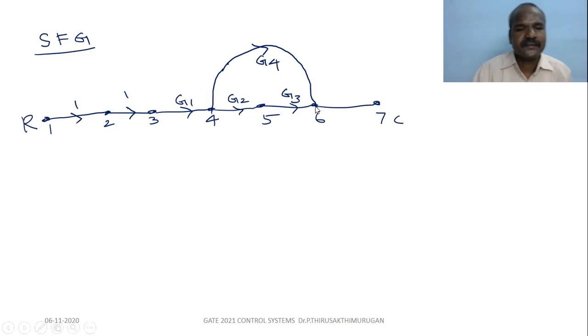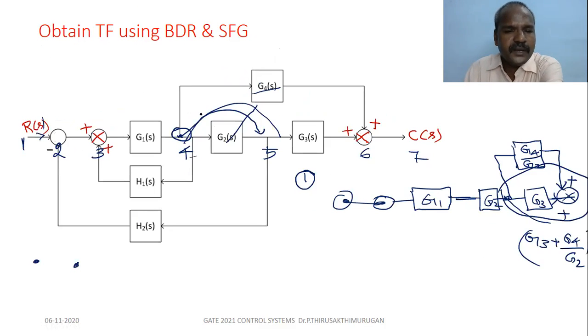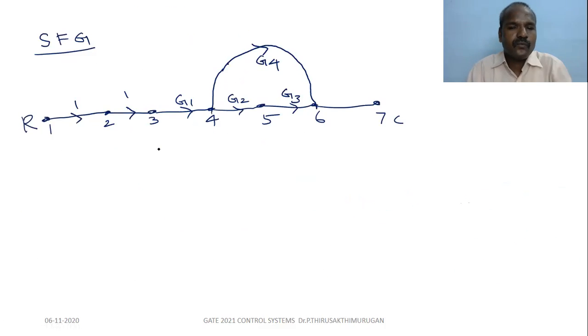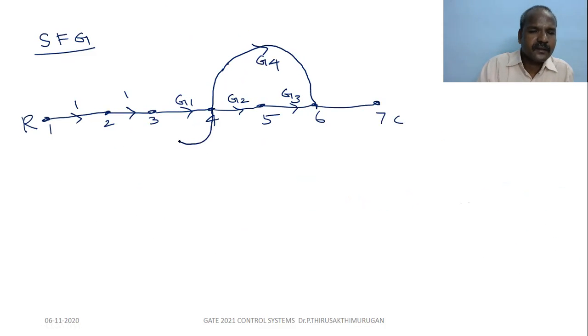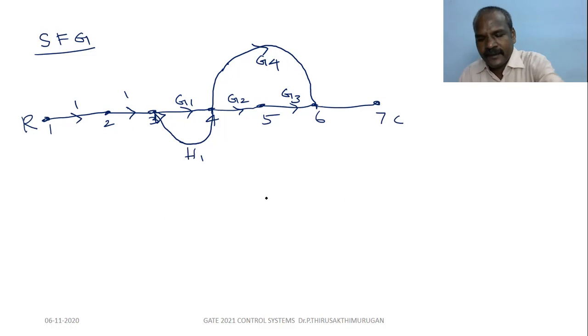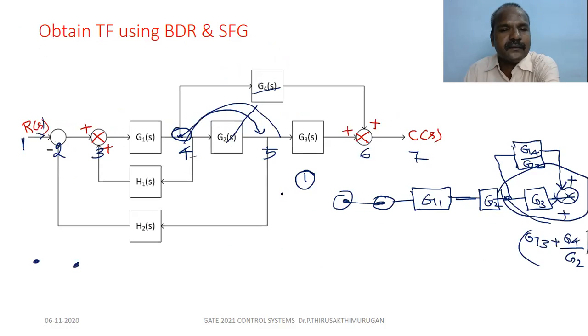Between 4 and 3 there is a positive feedback, whose gain is plus H1, not minus, since it is not negative feedback.